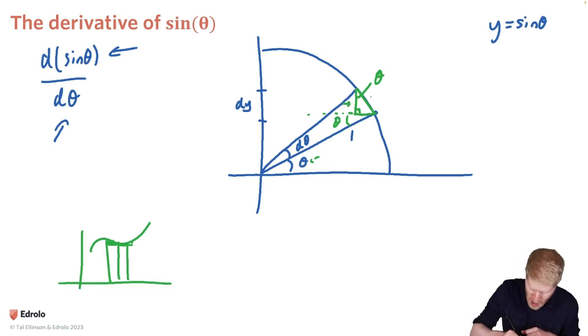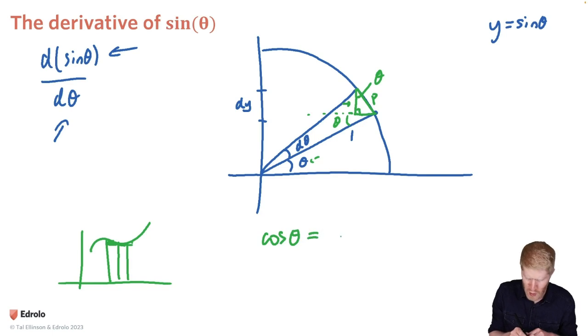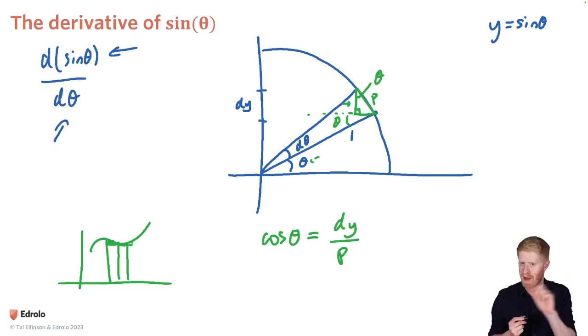Let's give a name to the hypotenuse. I'll call it P for hypotenuse now. And we're going to say that cos of theta is equal to the adjacent, which is the change in y, divided by P. Now, how can we find the length of that hypotenuse? There's a formula to find the arc length of a circle. It's not covered in math methods, but it's covered in other maths.